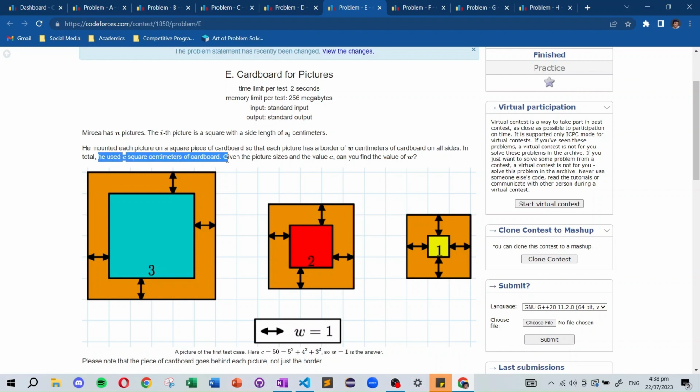And in total, he used c square centimeters. So note that the border is not the only cardboard that is used. It's the whole square. So there's a cardboard behind this blue square, and cardboard behind this red square and yellow square. Given the picture sizes and value c, can you find the value of W?